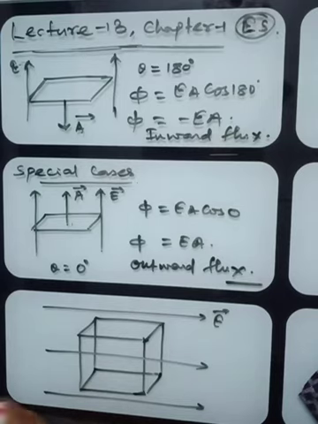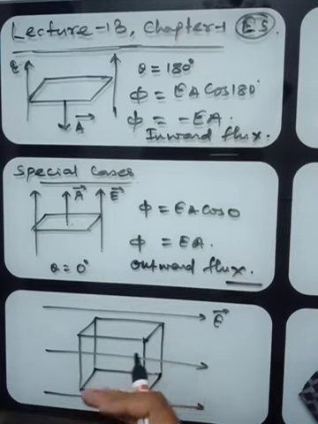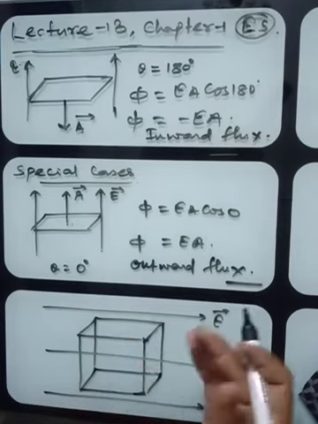Now try to find out which plates are not capable to count the electric field lines. It is this area, the bottom one, this is not capable to count the field lines, this is also not capable to count the field lines. Now this front one is also not capable to count because the area vector will be outward and the electric field is going in this way.